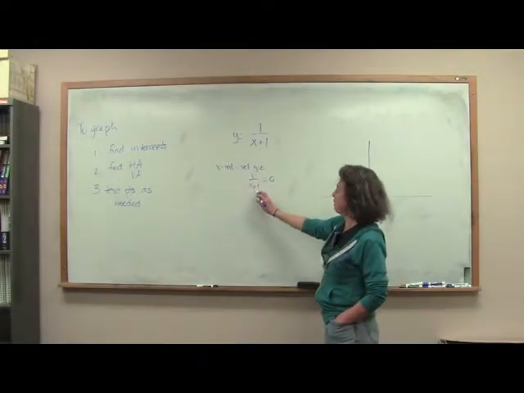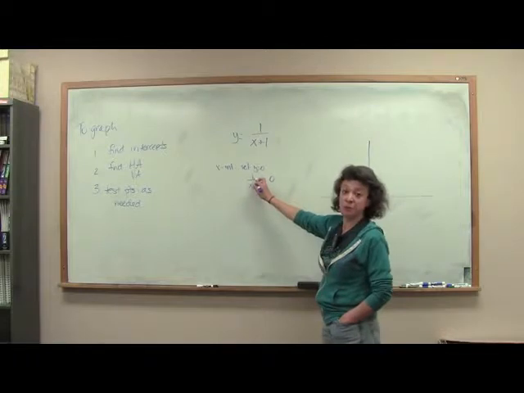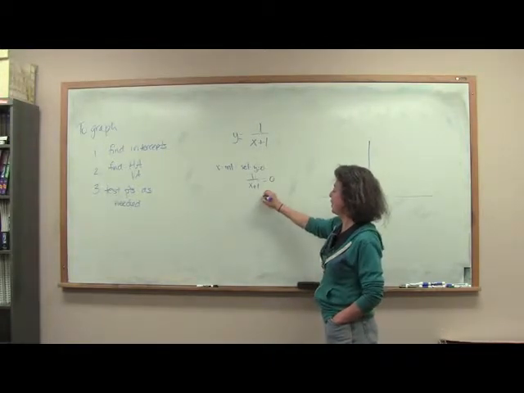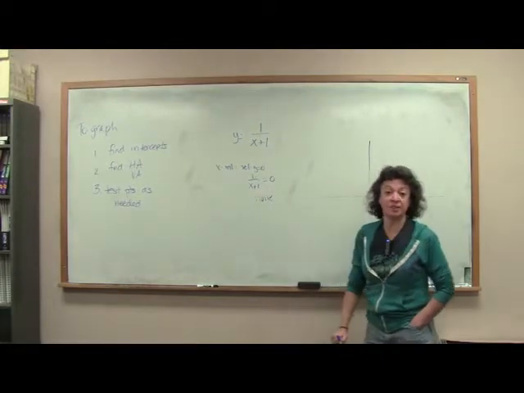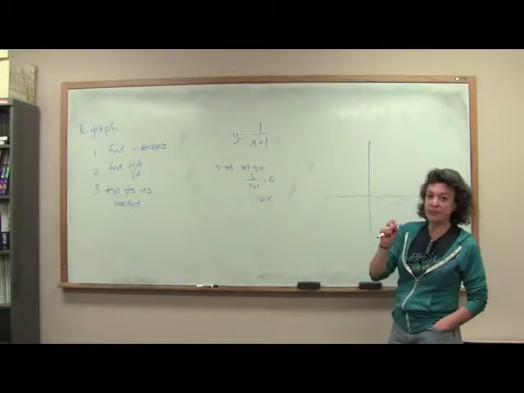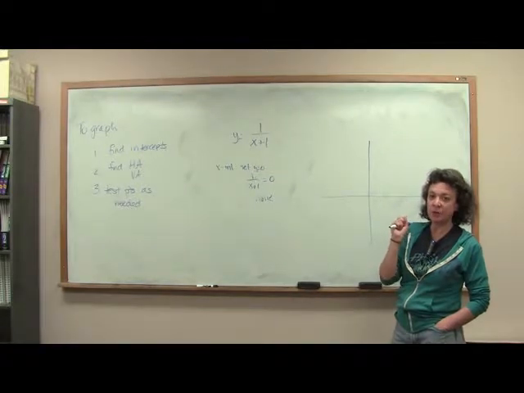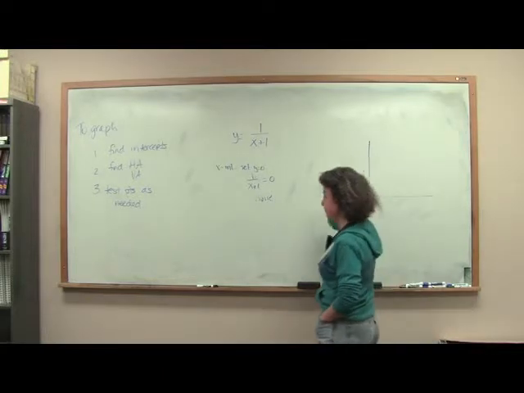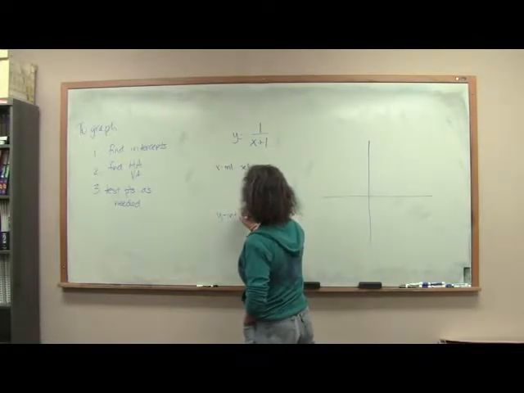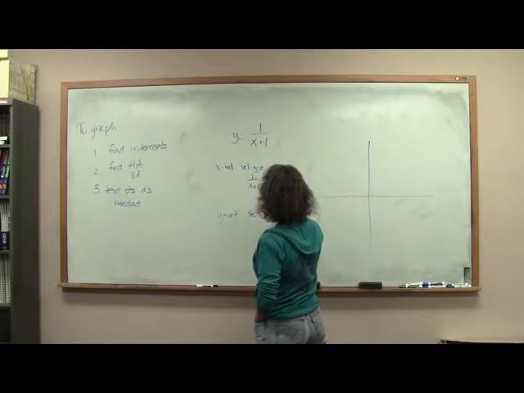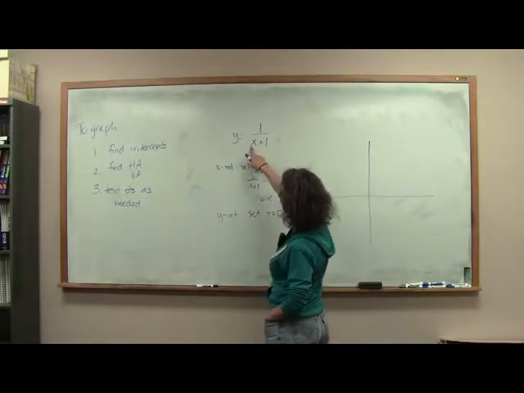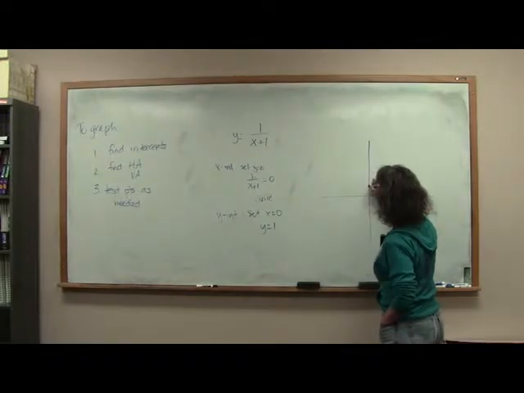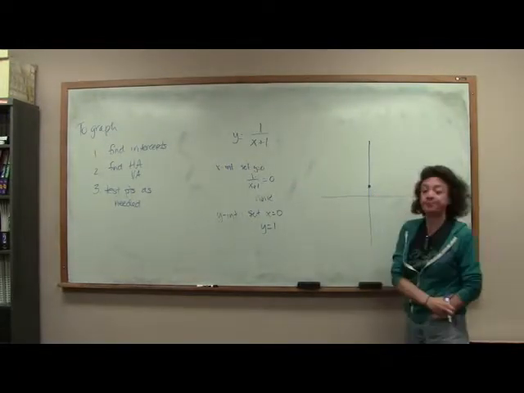Well, remember, a fraction's only equal to 0 if your numerator is equal to 0. Our numerator is constant here. There are no x-intercepts. That means the graph never touches or crosses the x-axis. That's of crucial importance. Our y-intercept: to find that, you set x equal to 0. If I set x equal to 0, I claim I get y to be 1. So it goes through the point (0, 1).